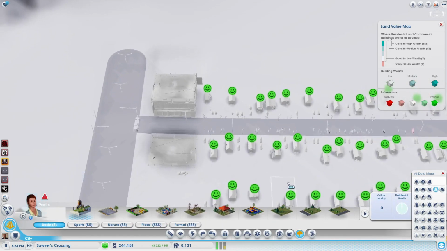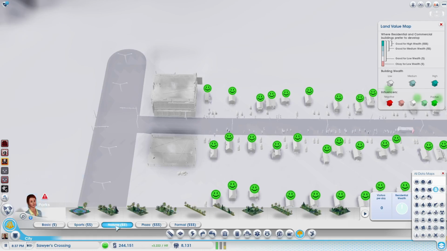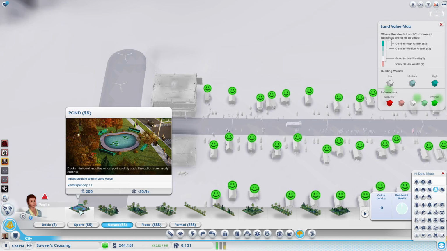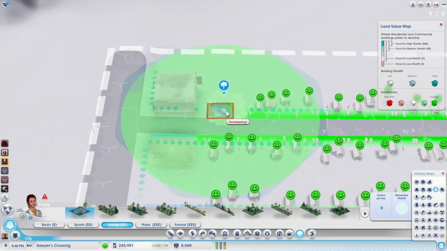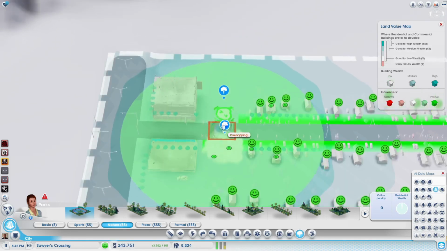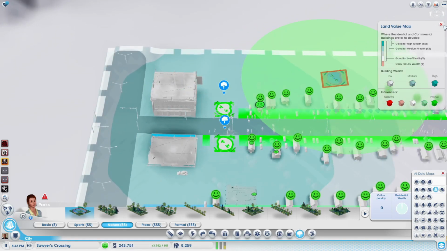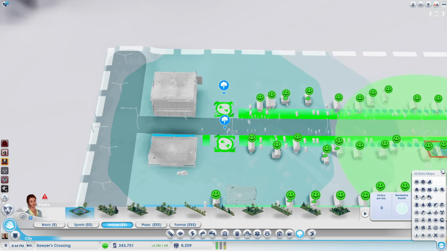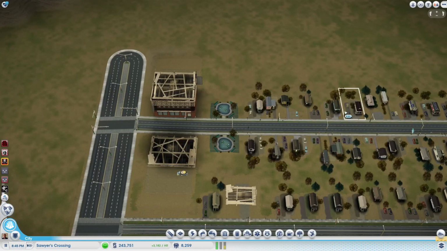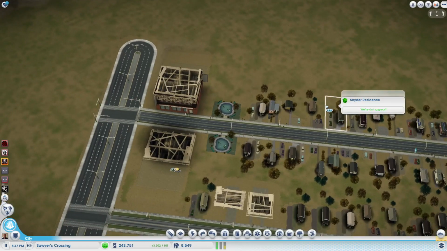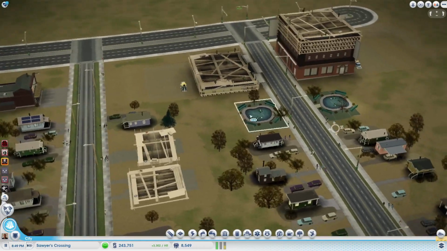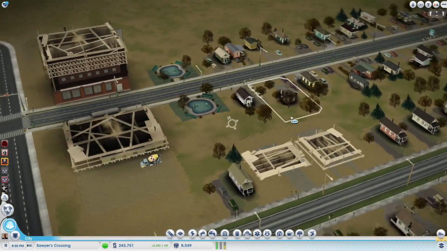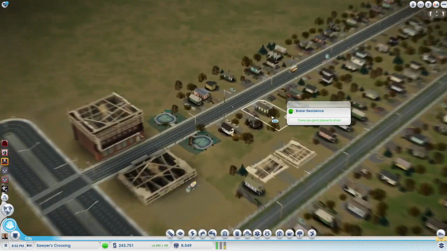If we go to the parks, and let's say we go to a medium land value park, and we change the value of the land, what's going to happen is now we're watching houses and apartments start to change based upon the value of the land.